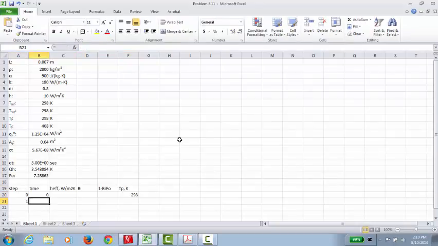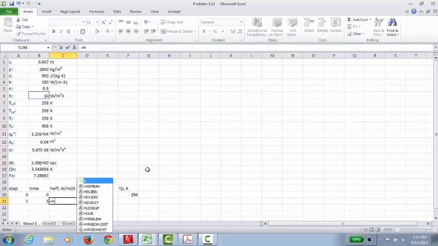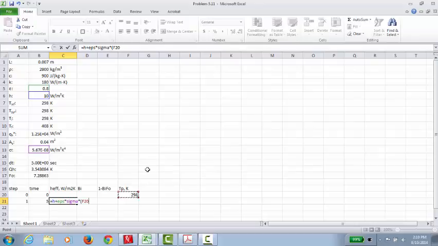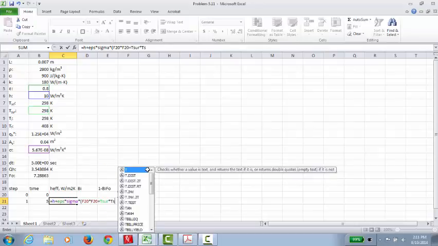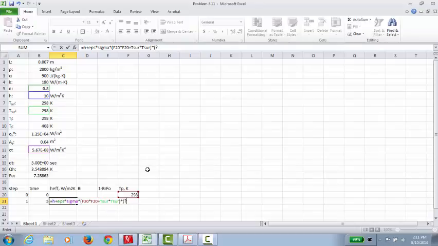So at time step 1, we click and drag this down. We now are solving our energy balance. So the effective heat transfer coefficient is equal to H plus epsilon times sigma times our temperature at the previous time step squared plus the surroundings squared times temperature plus T surroundings.